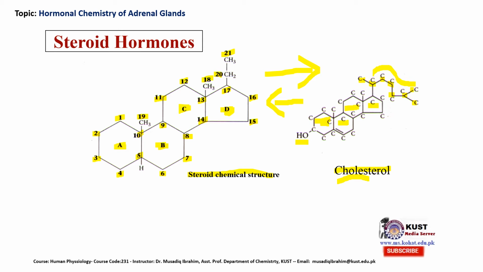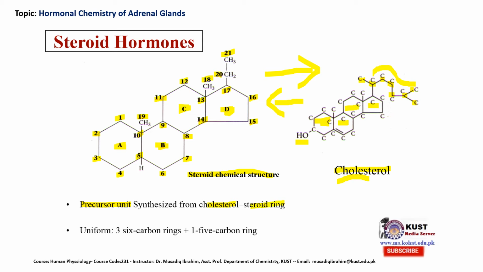So the precursor unit is being synthesized from the cholesterol, which is also known as the steroid ring, and the cholesterol structure is uniform, which has 3 six-carbon rings, which I have already explained.